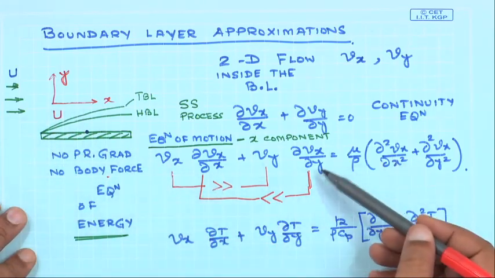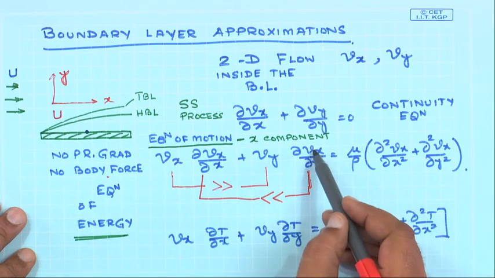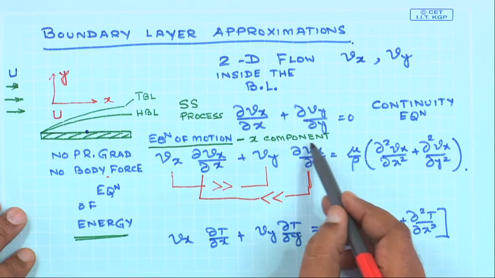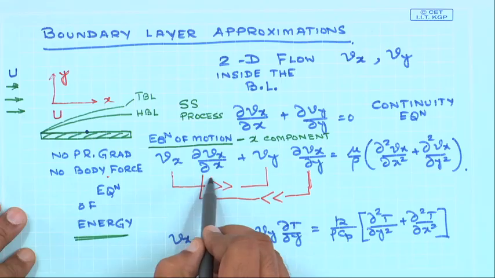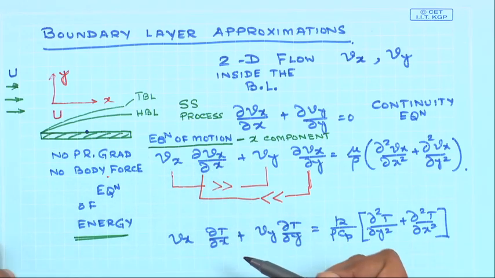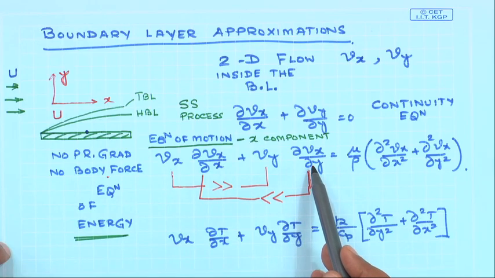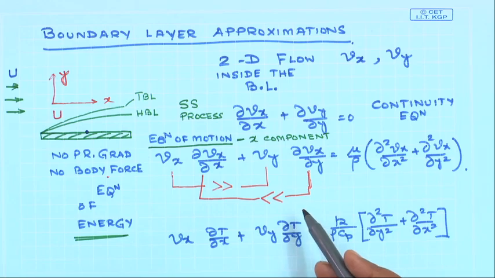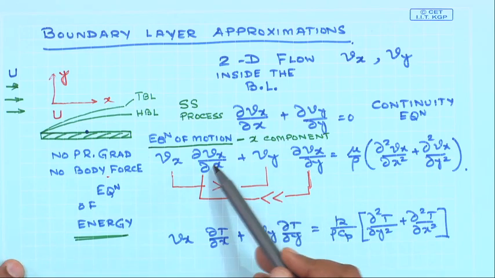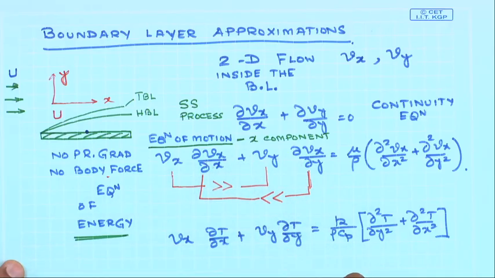So since the dy over which the velocity changes from 0 to U is very small, this term, the gradient with respect to y, is going to be very large compared to the gradient with respect to x, which tells us that none of the terms on the left hand side of the governing equation of the x component of equation of motion can be neglected. We need to keep both the terms on the left hand side in our equation.